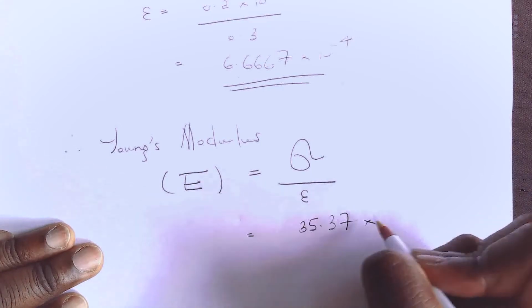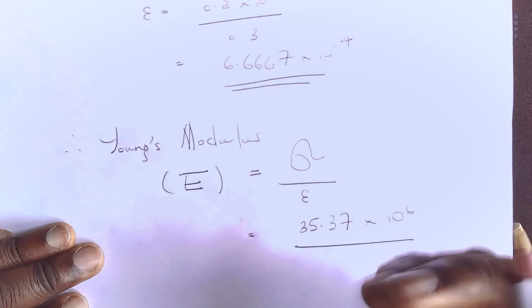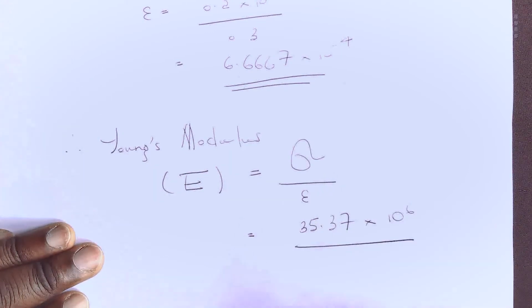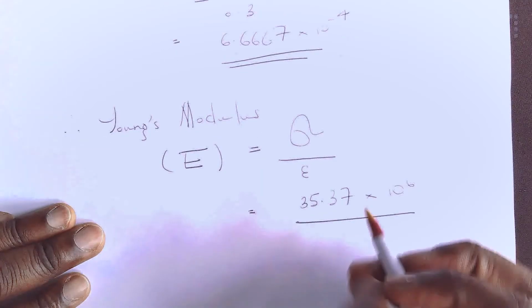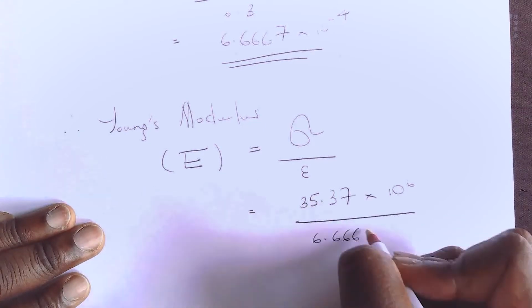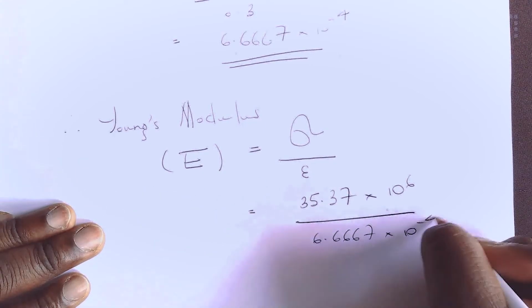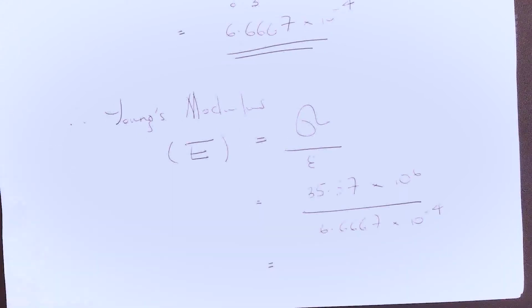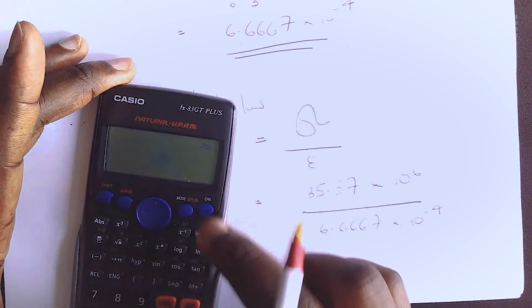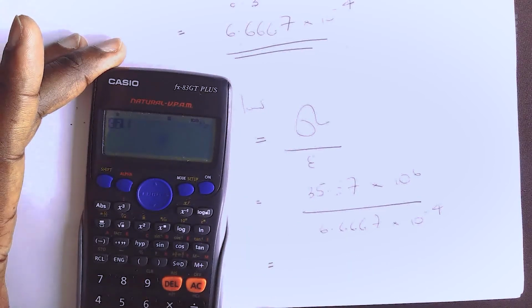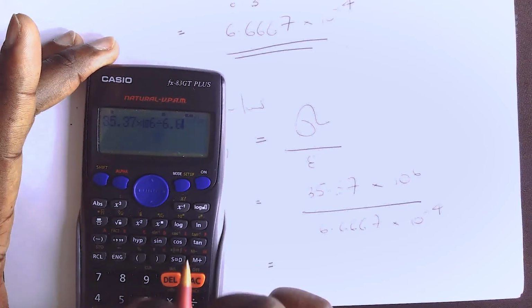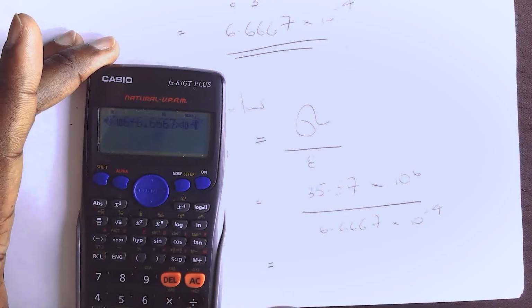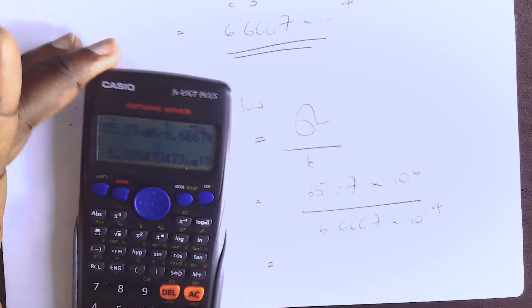Just to let you know, because we've rounded some of the numbers, we're going to have a slight variation to what we got previously. We need to bear that in mind, but it will more or less be the same value, hopefully. 6.6667 times 10 to the power minus 4. All that we have to do is put in our values, divided by 6.6667 times 10 to the power minus 4, and there we go.